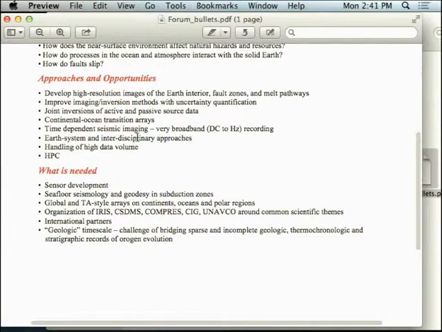So really thinking of these networks as observation platforms that go beyond just the motion of the ground surface, with other environmental sensing that's able to integrate with the basic seismological observations, and give us multiple views on the processes that are of interest.